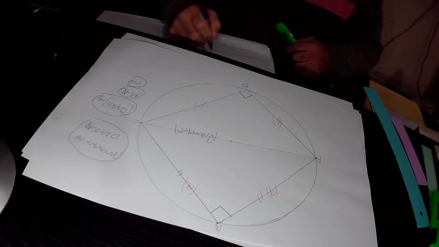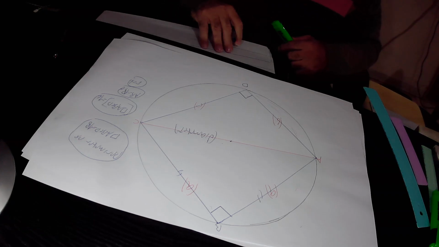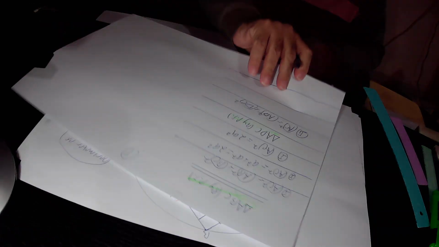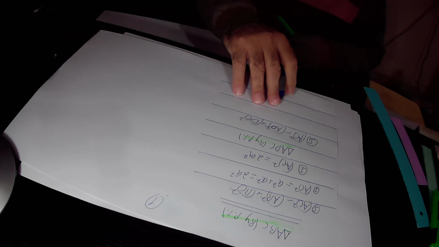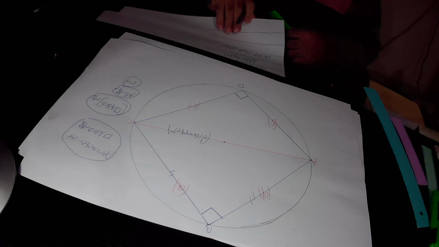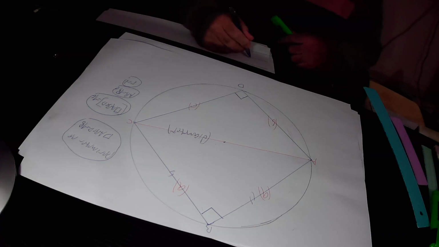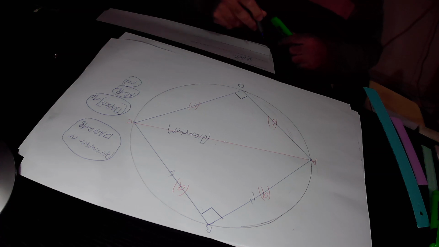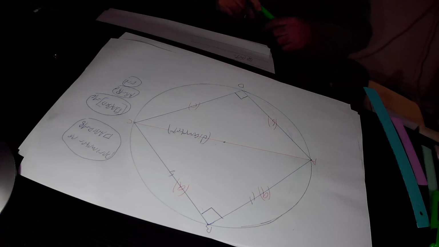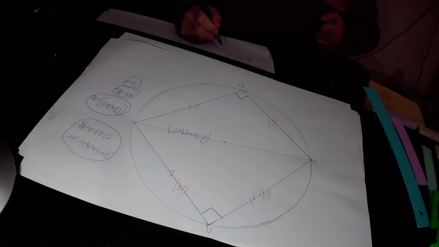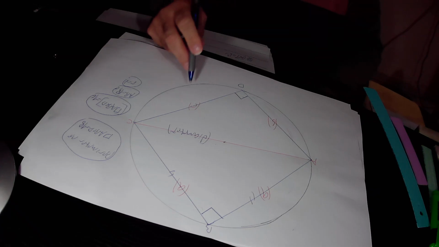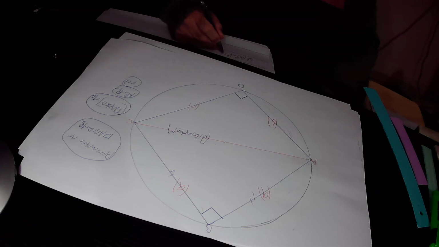AC is the missing side, so AC square equals AD square. AD is B, therefore AD square is B square, plus DC square. DC is C, therefore DC square is C square.